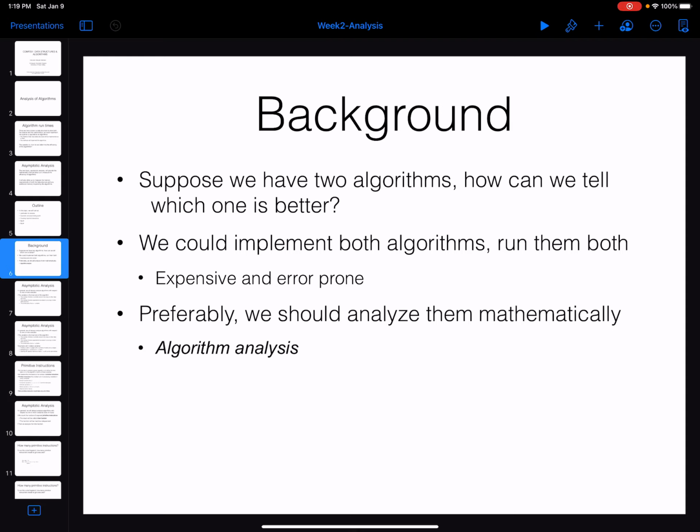Of course, one way is to implement each of them using the same programming language, and execute them exactly on the same machine under completely the same conditions. You don't have any other program, for example, running in the background.